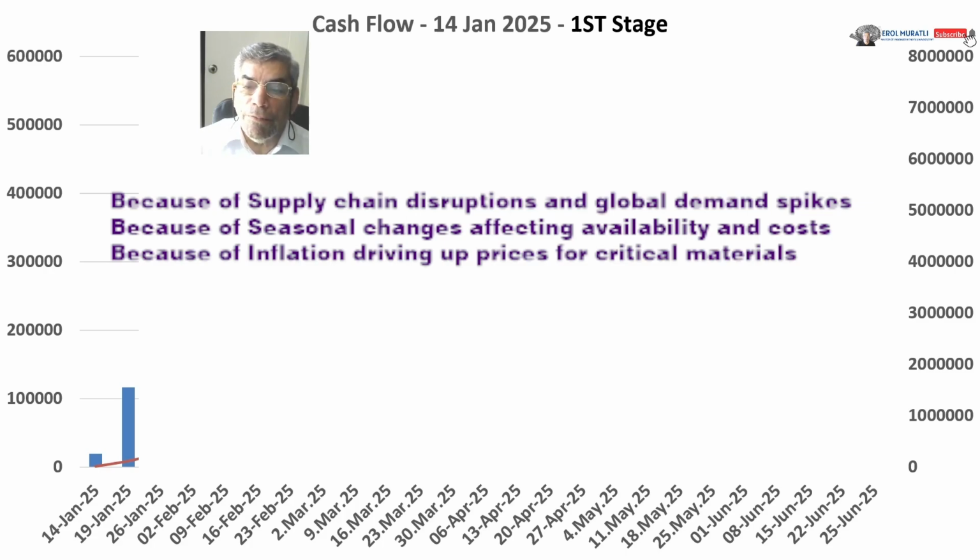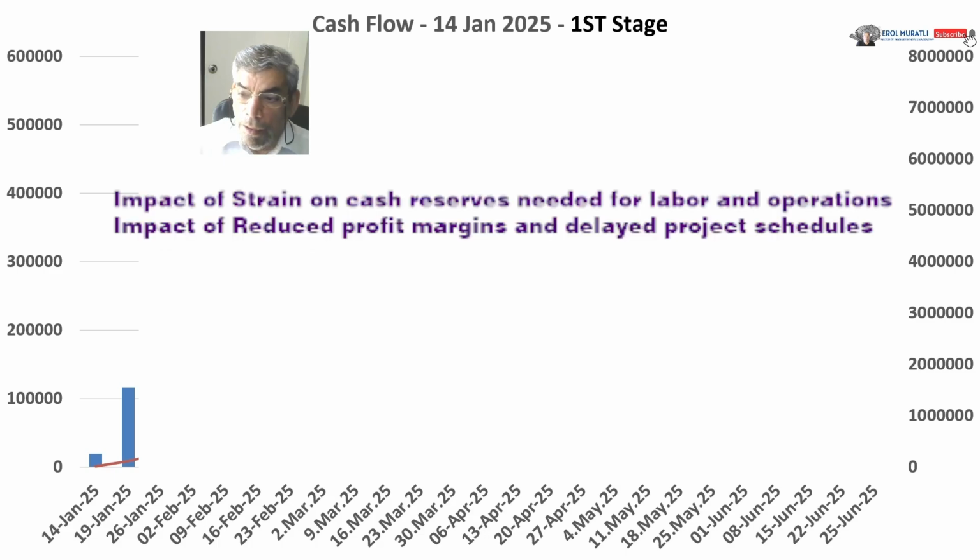seasonal changes affecting availability and cost, and inflation driving up prices for critical materials. This strains the cash reserves needed for labor and operations, and reduces profit margins and delays project schedules.